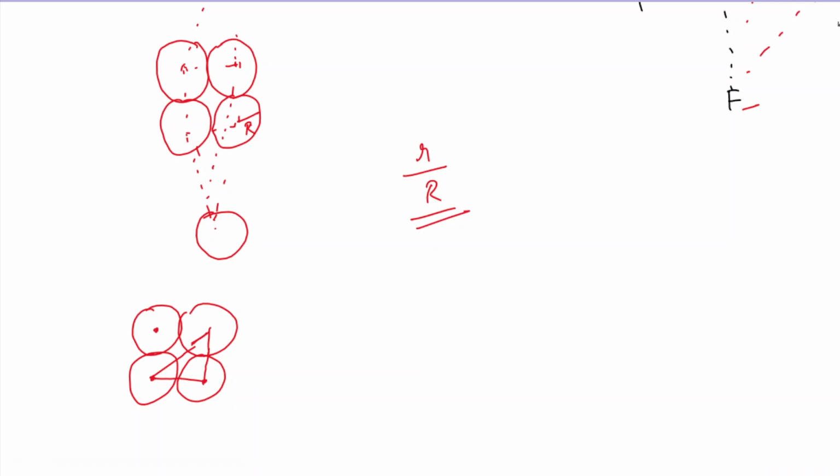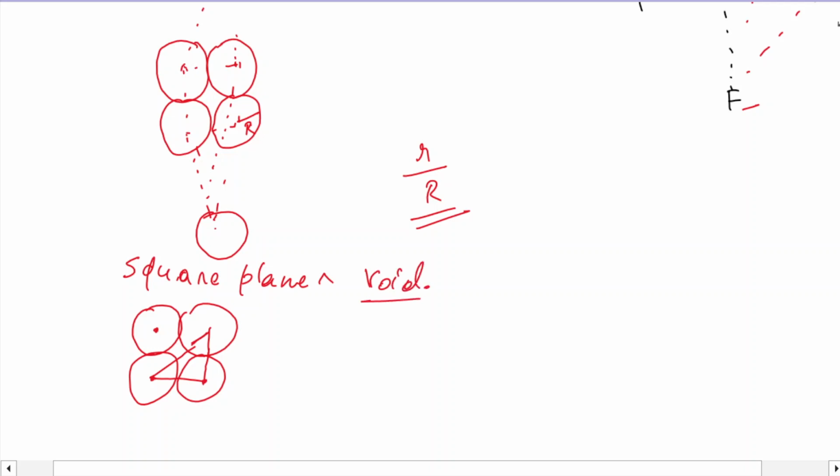So here the void is the square planar void. Let me write this first. Square planar void, and this is something which is present in 2D.